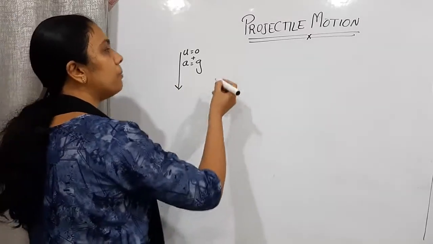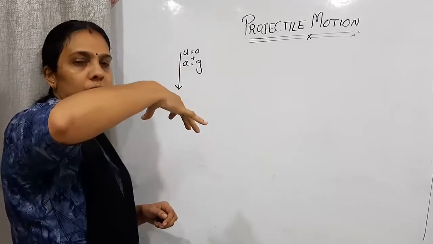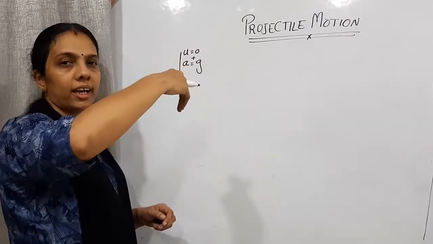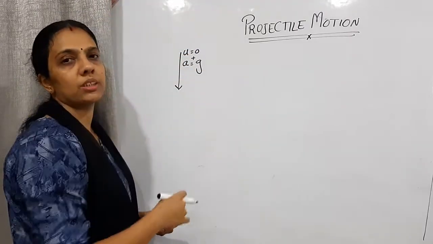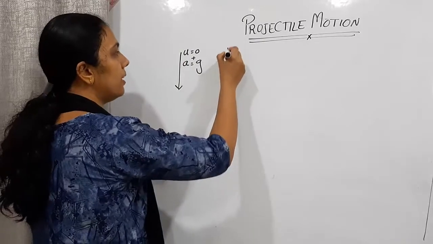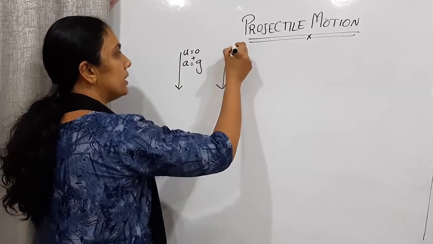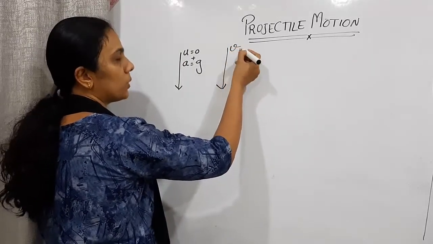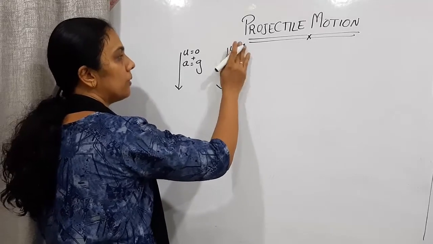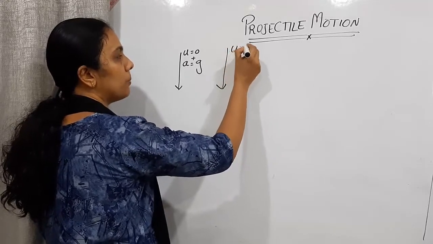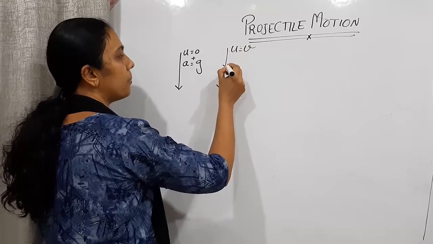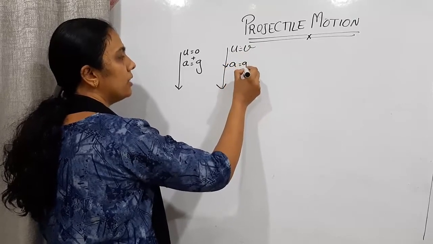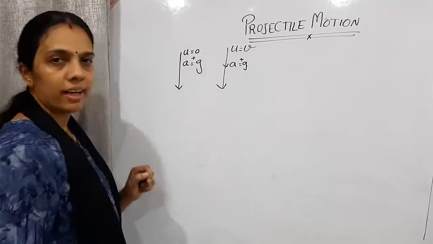Now, if I am throwing an object downwards from a particular height h, what will happen? Then velocity reaches a maximum velocity. The initial velocity v will be there, and it will be having an acceleration in the downward direction, right?